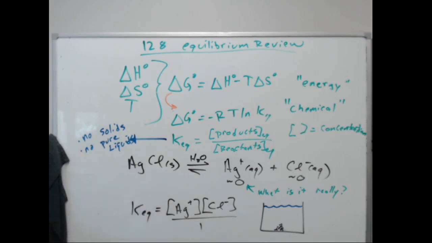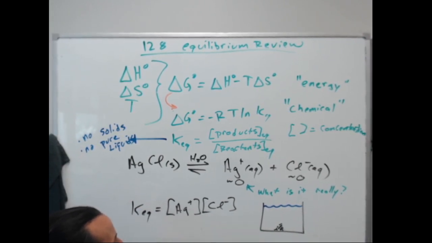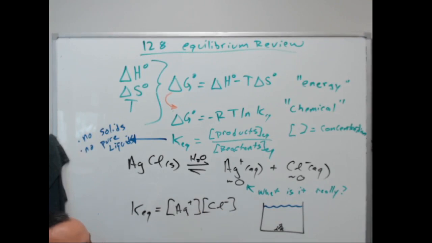Also, how do you write down the concentration of the solid? We need a mixture in order to write down a concentration. That's why we don't do pure liquids either. Pure liquids don't technically have a concentration, so we're not going to worry about that. So we just get the silver concentration of ions in solution times the chloride concentration of ions in solution. That gives us our equilibrium constant.